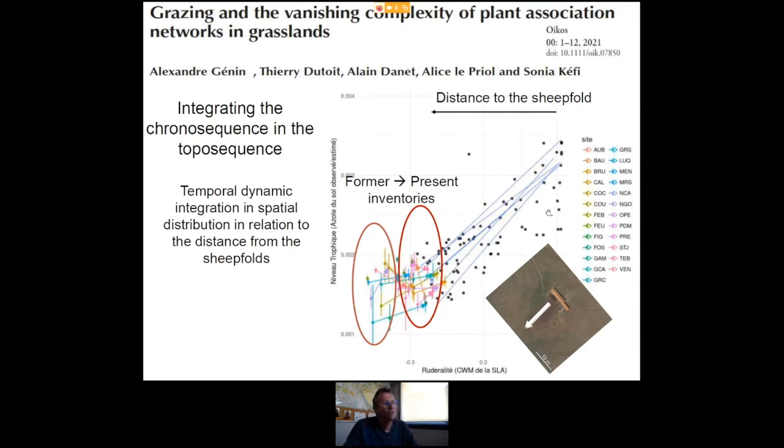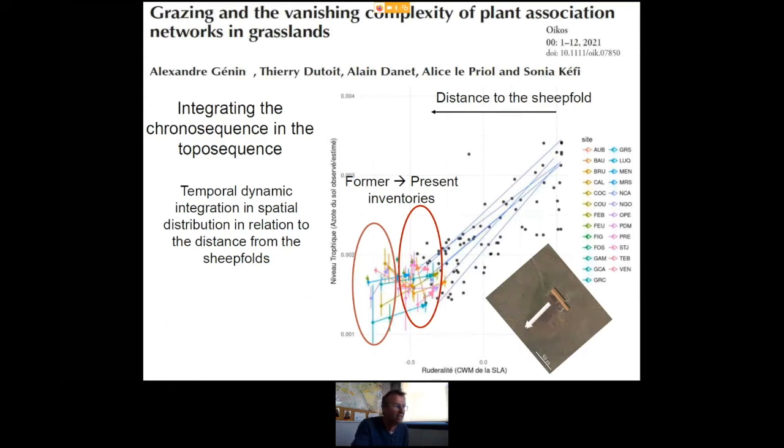And so we decided to put our historical data in this matrix of several hundreds of releves and several hundreds of plants. And you can see that our former old inventories are not included in this spatial gradient, this nitrophilous spatial gradient, but the present inventories are really included in this gradient.